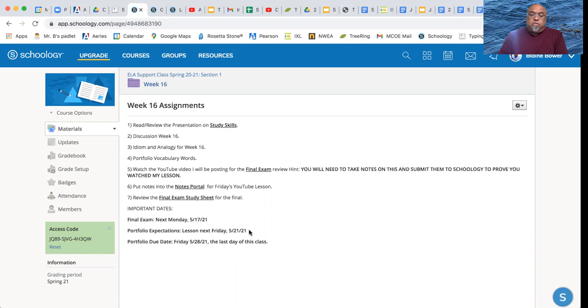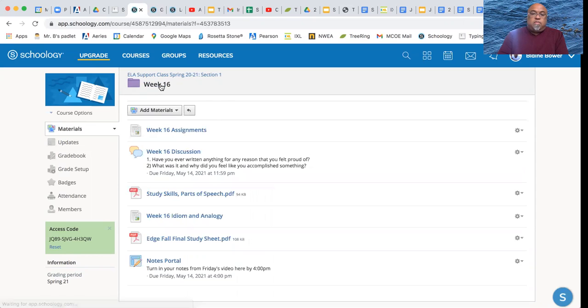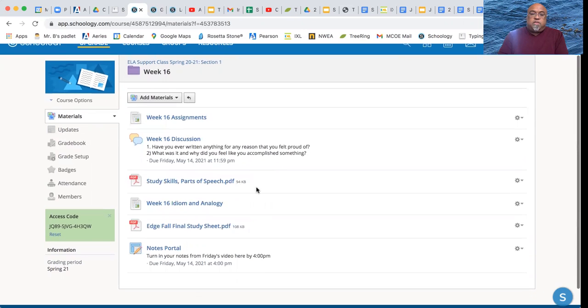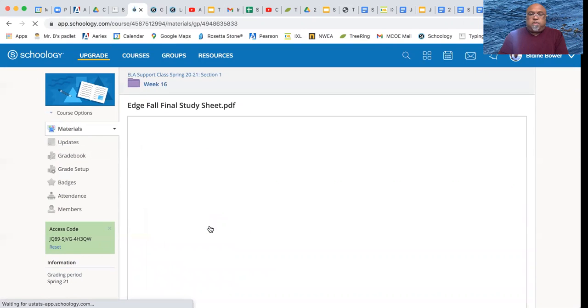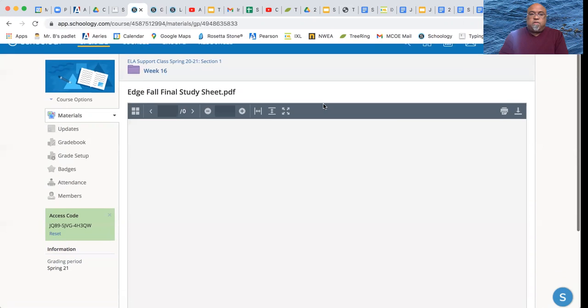The portfolio due date will be the last day of class, which is 5/28. Okay. Because we're working mostly right now on the final exam, I'm not going to go into details on the portfolio until we're done with this. So here's the lesson today. I wanted to go over the study sheet for the final exam.